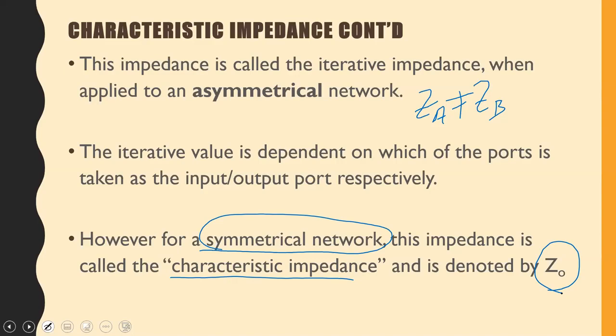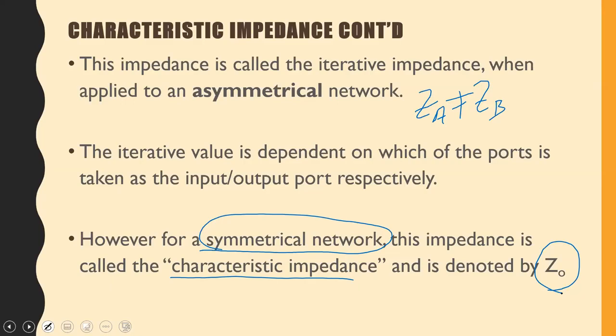So in summary, there's a value of impedance which is applicable to whether your T network or your pi network. There's a value of impedance which, when I connect it to one port, will give me the same value of input impedance at the other port.